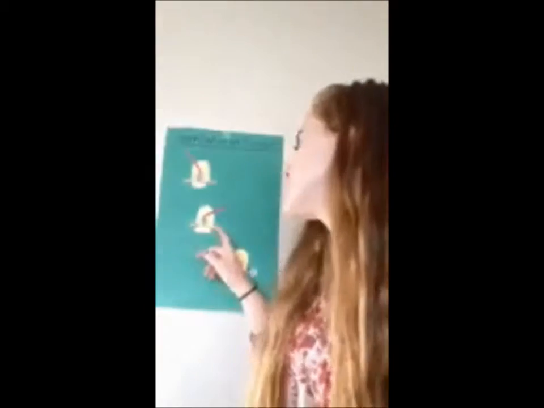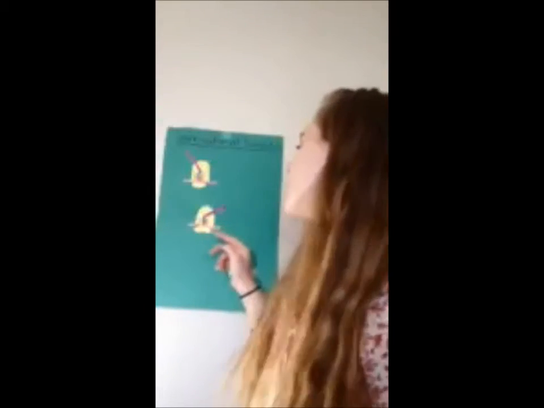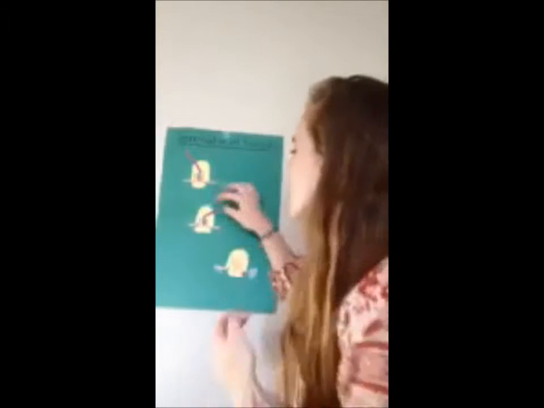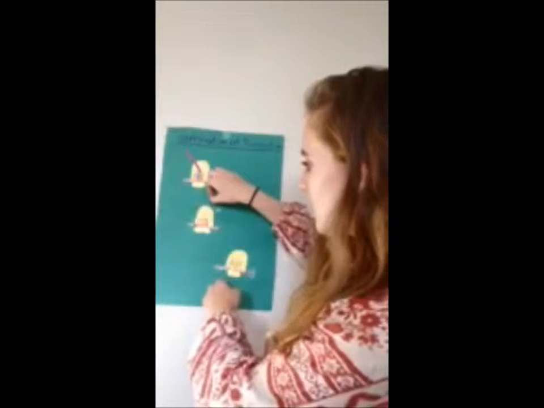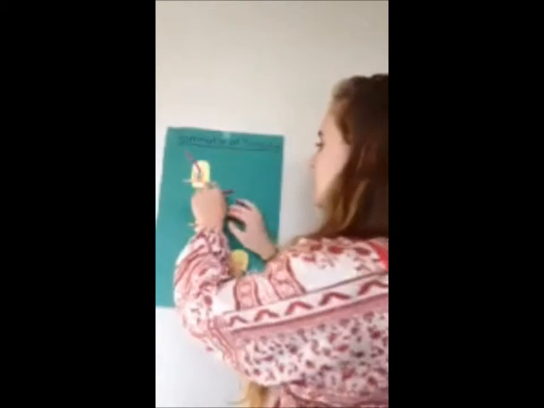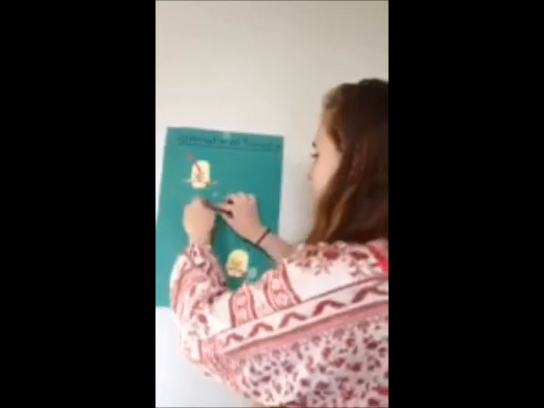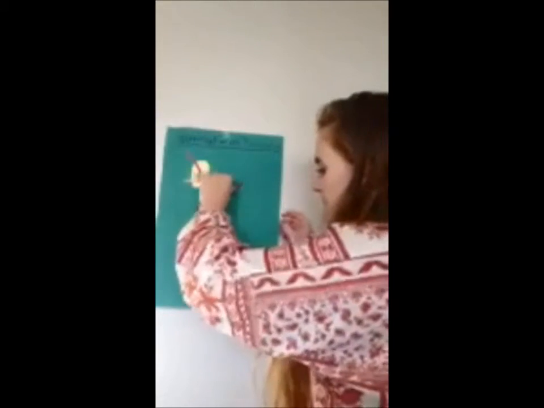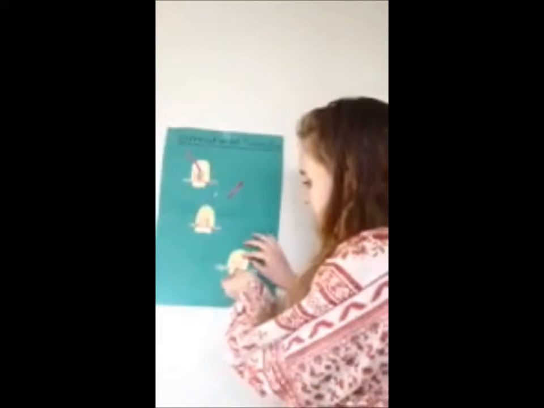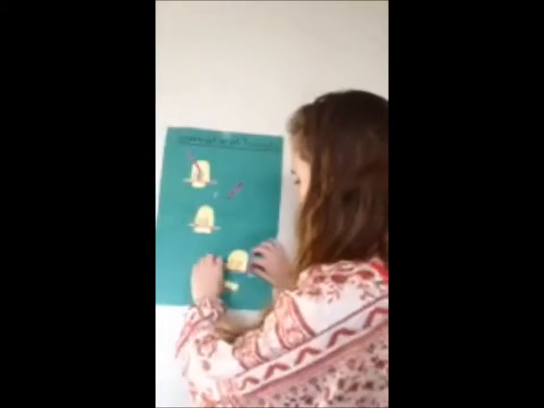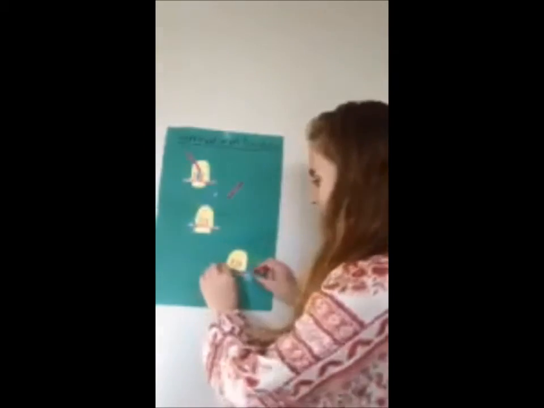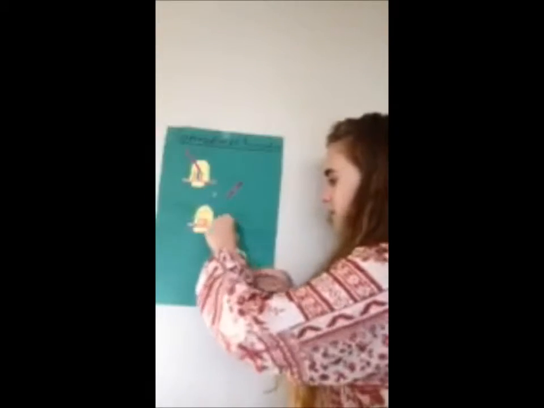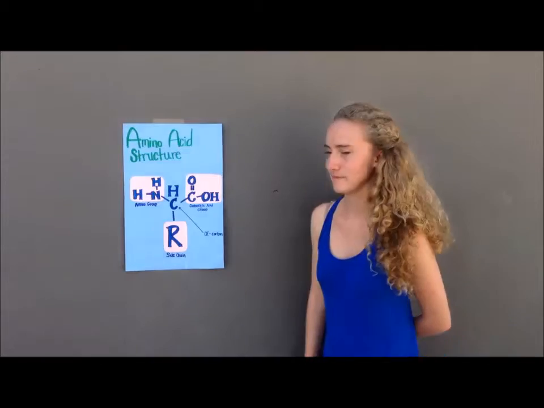This release factor hydrolyzes the bond between the tRNA in the P site and the last amino acid in the polypeptide chain, which causes the polypeptide chain to be freed. Then the ribosomal subunits disassemble, and all the other components do the same. And then it's all reused.